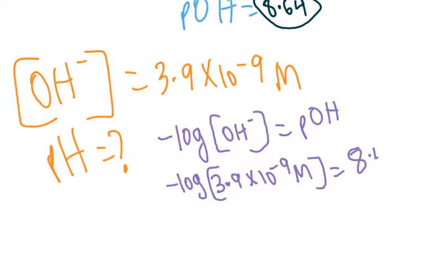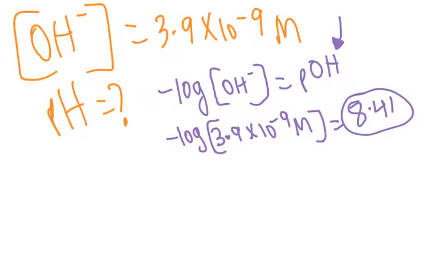So this isn't the answer though, guys. This is the pOH, representing the hydroxyl concentration, or the alkalinity. The pH is the whole scale, which goes from 0 to 14.